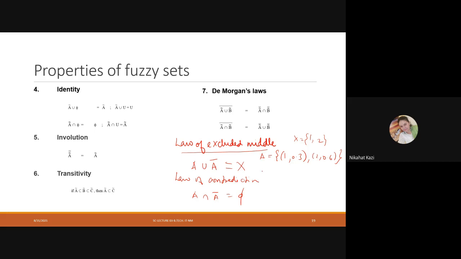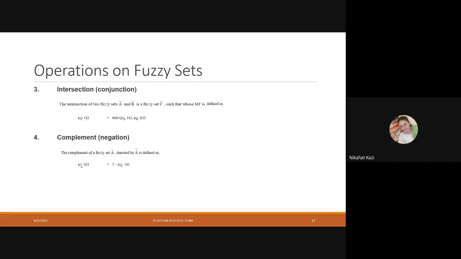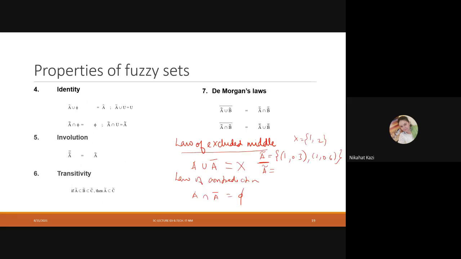Using the complement definition of a fuzzy set, whatever is the membership, 1 minus that. Complement or negation is 1 minus membership. So A complement is 1, 0.7 and 2, 0.4.